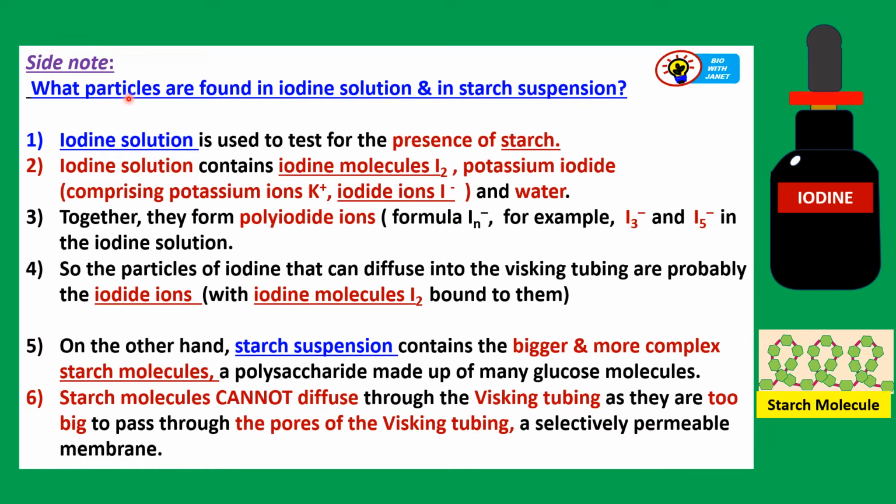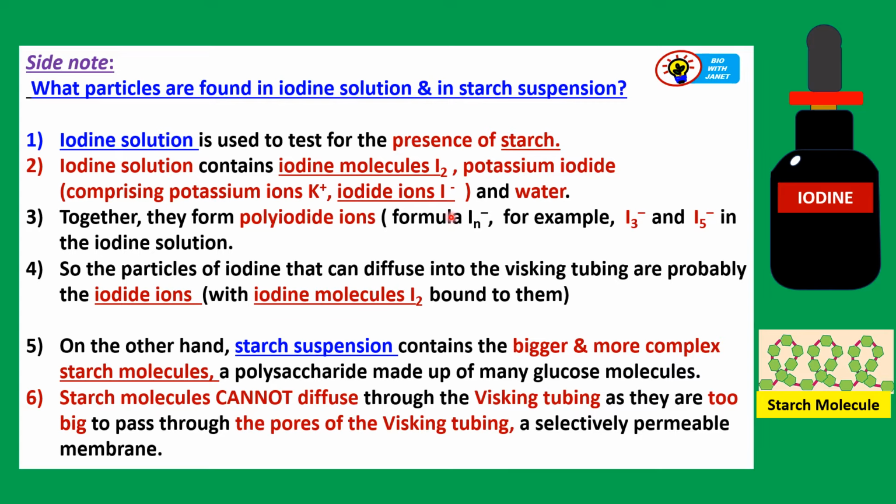Now, as a side note, what are the particles found in iodine solution and in the starch suspension, which we are investigating here? For iodine solution, which is used to test for the presence of starch, initially the iodine solution is yellowish brown in color, and then when it comes in contact with starch, the whole mixture becomes blue-black. So what are the molecules in the iodine solution?